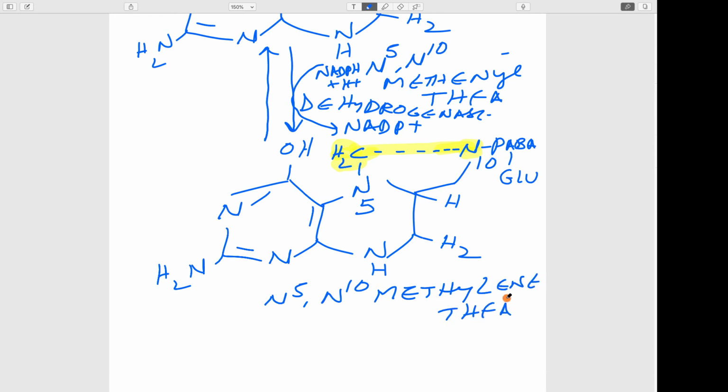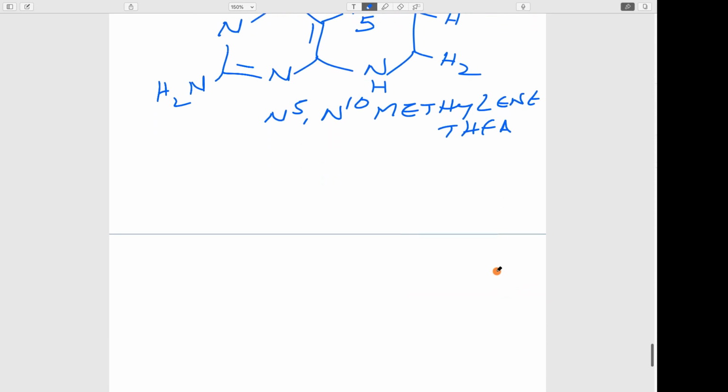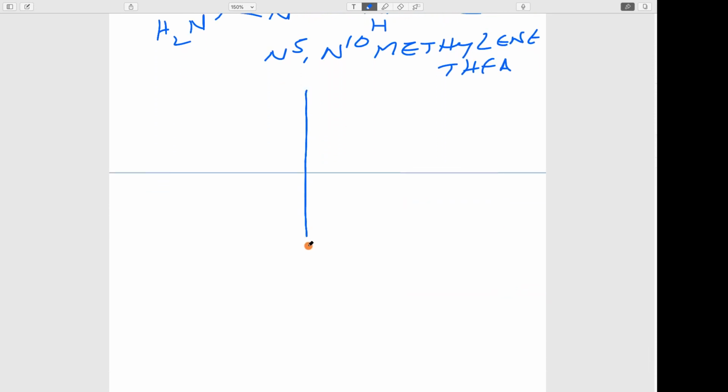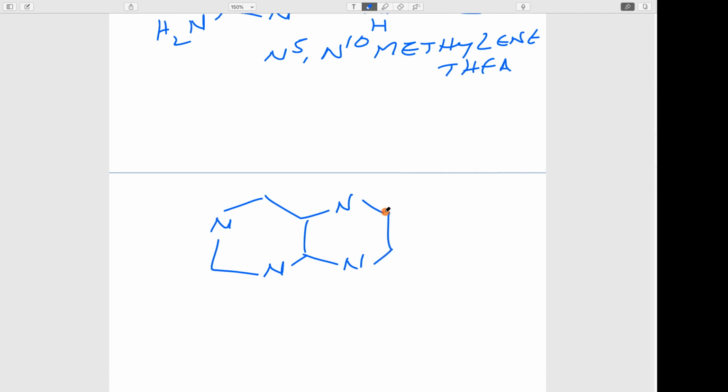Then finally, there is one very important reaction which is taking place, an irreversible reaction. Again I am writing the THFA with glutamic acid.